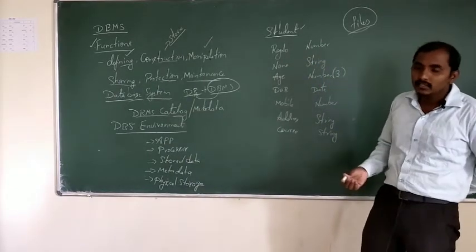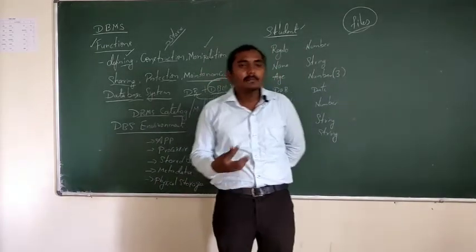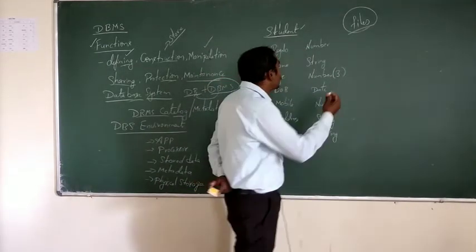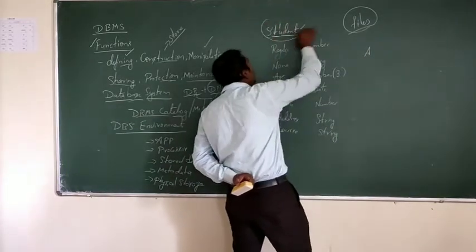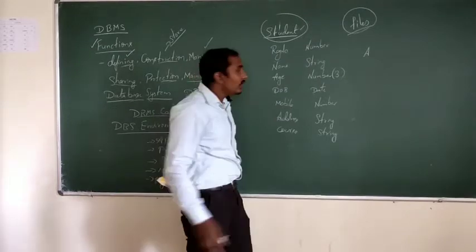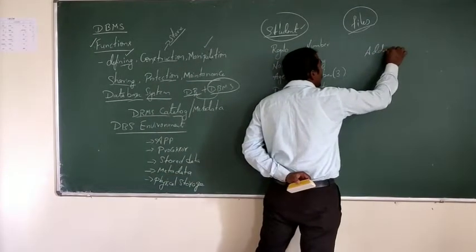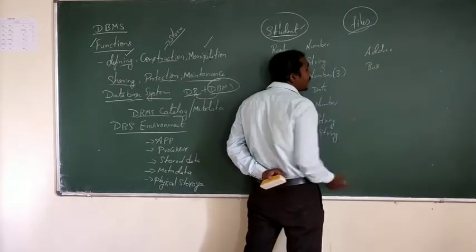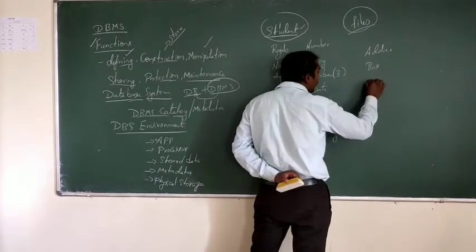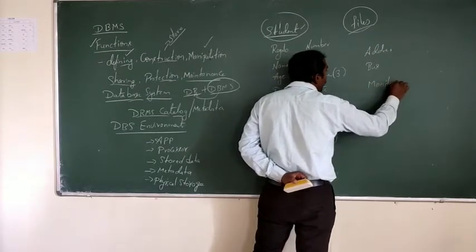Now what the catalog is: we'll have some definite structure of how the files are stored or organized. For example, I have different table names, say a table called student, a table called address, a table called bus, a table called monitor.